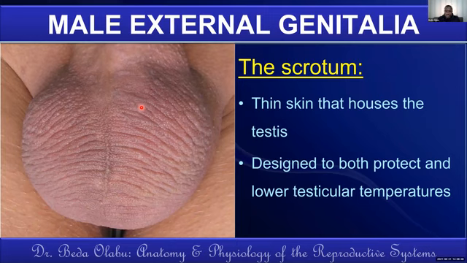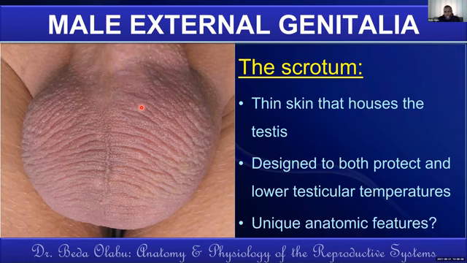spermatogenesis. So because of this fact that the scrotum needs to lower the temperature of the testes, there are some unique anatomical features displayed by the scrotum. One of them is very thin skin. Two is lacking fat beneath. And three, its ability to shrink like this and relax when it's hot is because it has some muscle on it, which is called the dartos muscle.